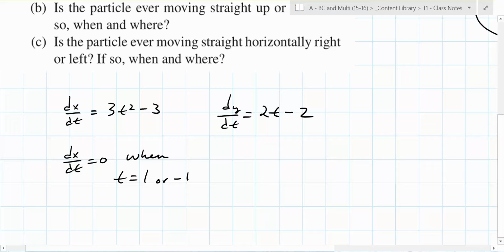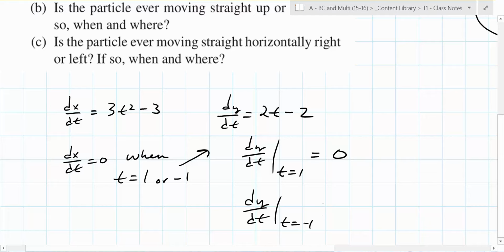When you plug those two values into dy dt, when t is equal to 1, you get 0, so at time equals 1 the particle is not moving straight up or down. But when t is equal to negative 1, dy dt is negative 4. So at time equals negative 1, the particle is moving straight down, for that instant.